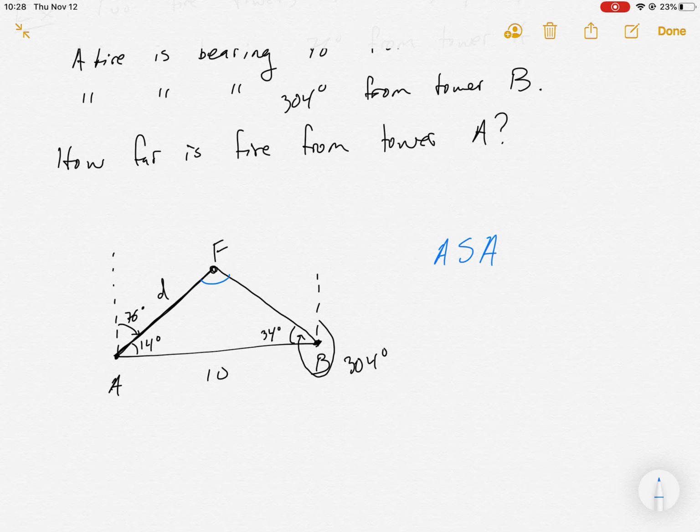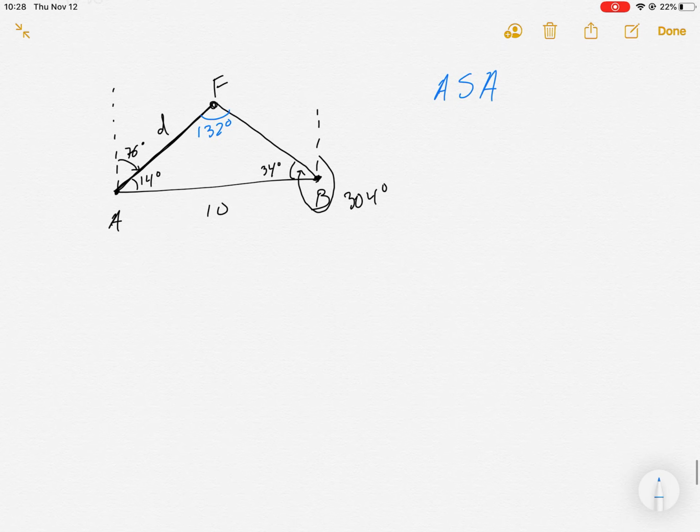I could find this angle using my knowledge of the sum having to equal 180. So if we do 180 minus 14 minus 34, we end up with 132 degrees. And so then, using the law of sines, I would just say that 10 over sine of 132 degrees has to equal my distance over sine of 34 degrees.